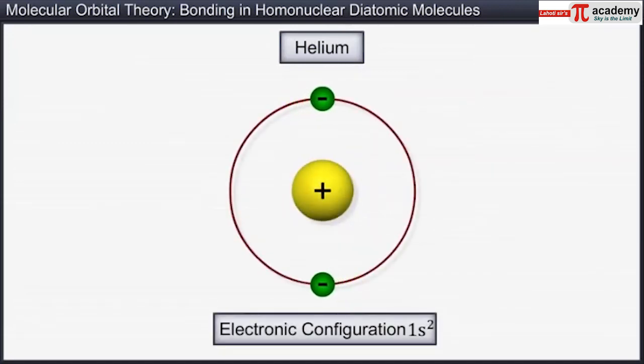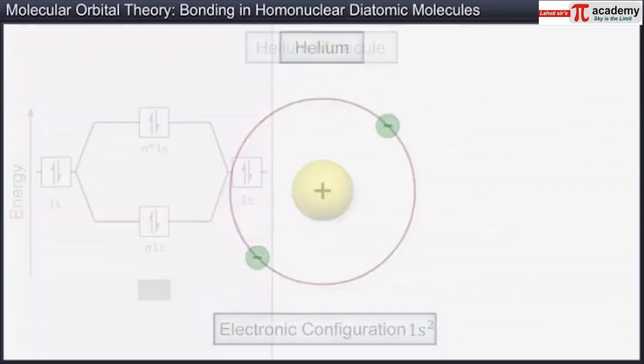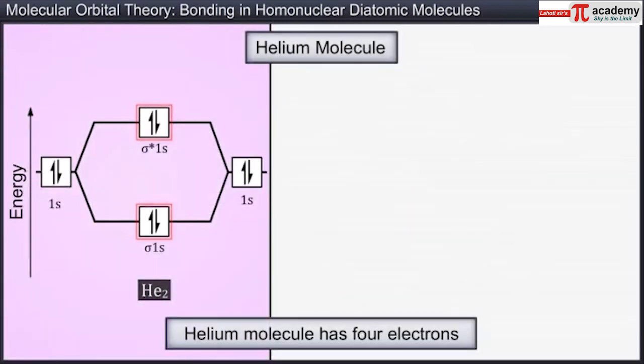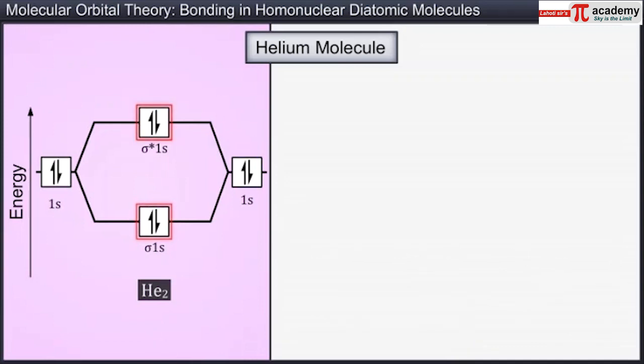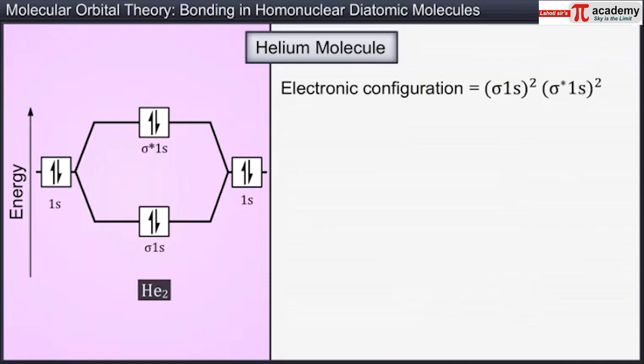A helium atom has two electrons in its 1s orbital. Hence, the number of electrons in a helium molecule is equal to 4. These electrons occupy the sigma 1s and sigma star 1s molecular orbitals. Hence, the electronic configuration of a helium molecule is sigma 1s2, sigma star 1s2.